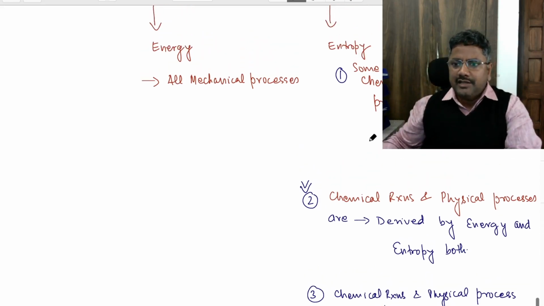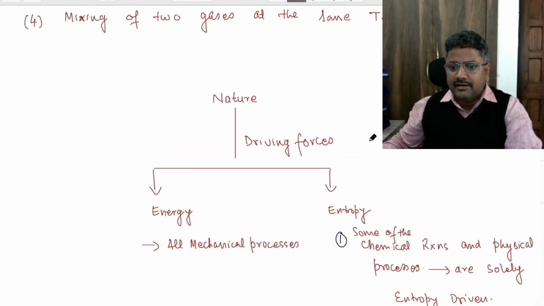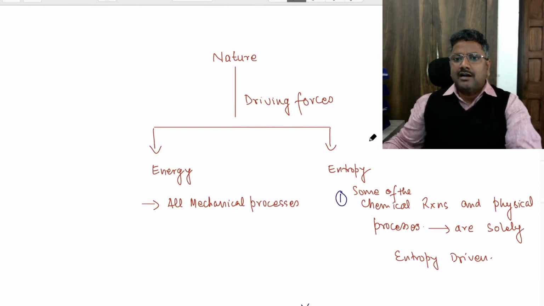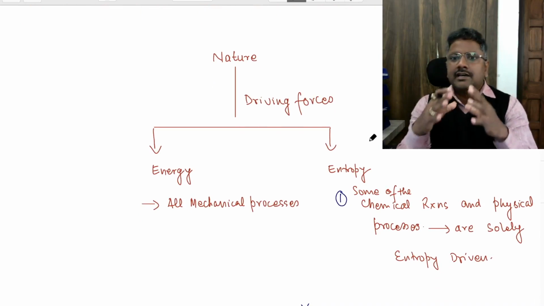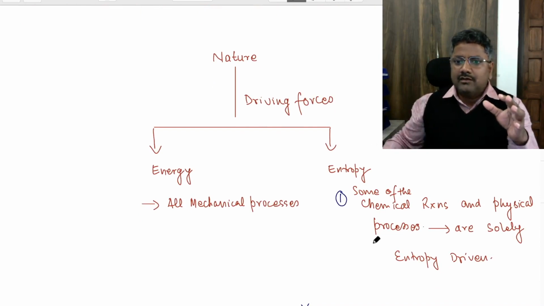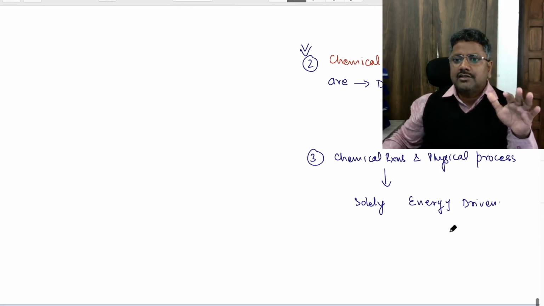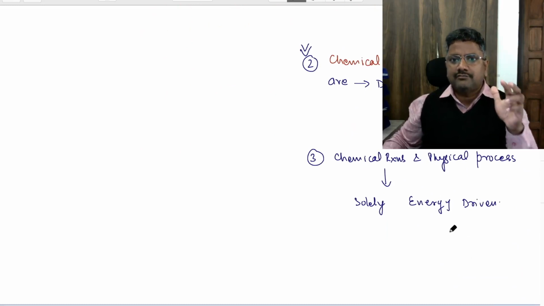So we have three types of chemical reactions and processes on the basis of the driving forces. Number one, solely entropy driven. Second, energy and entropy both driven, and third, solely energy driven processes.